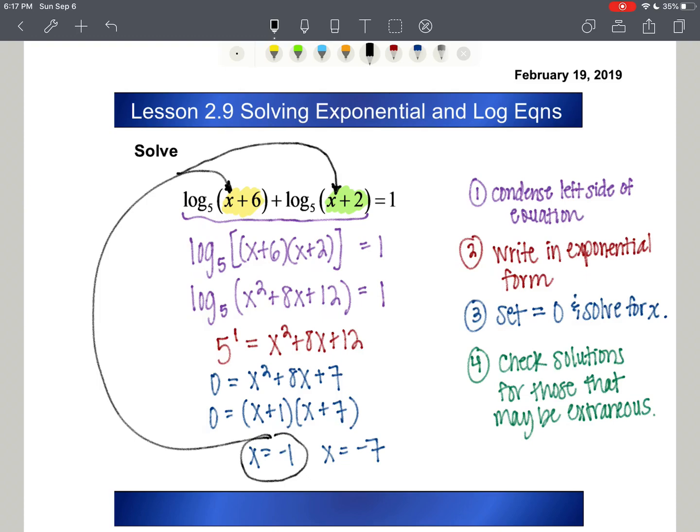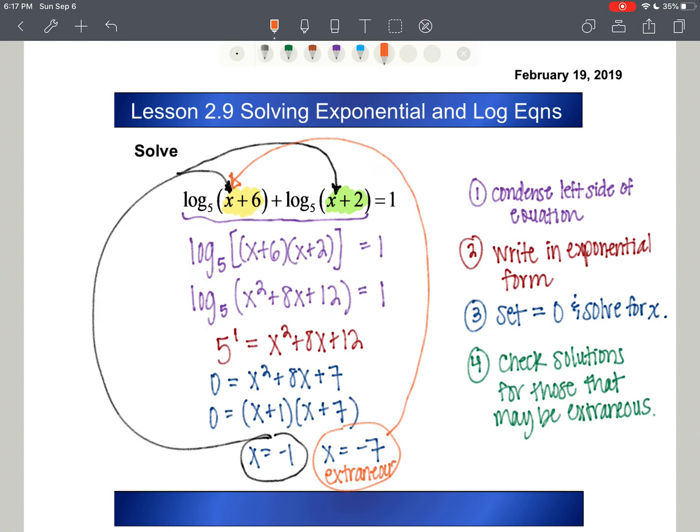If I put -1 into the next argument, -1 plus 2, that's also positive. That's +1. That works. However, if I put in x equals -7, -7 plus 6 is -1. This is extraneous. It is not allowed.